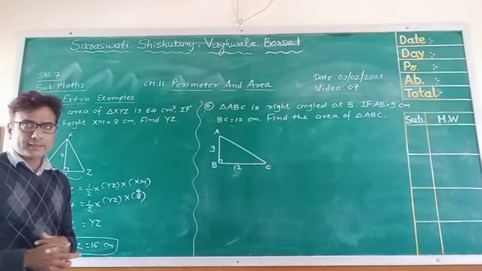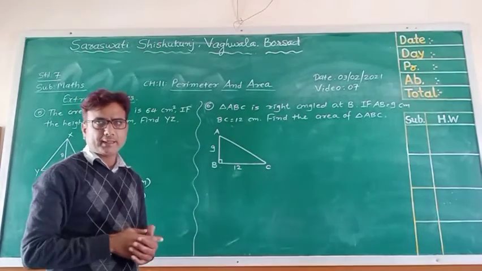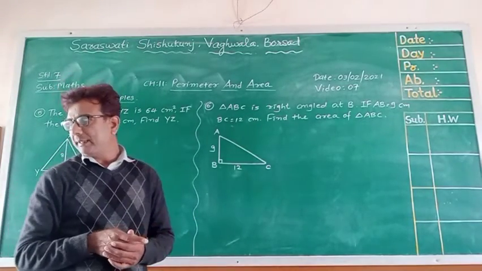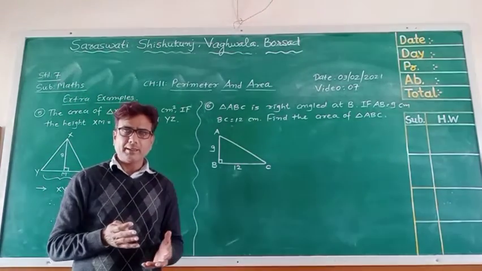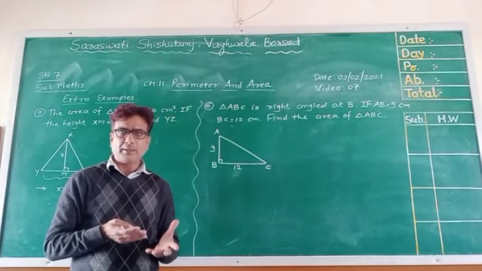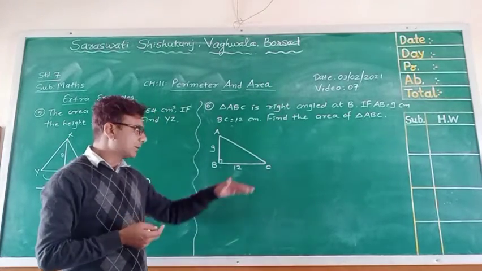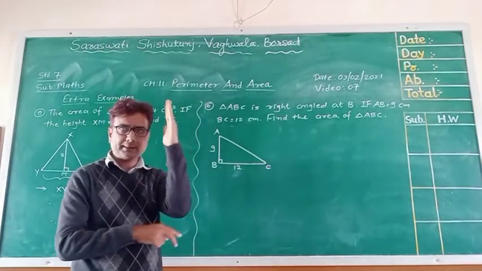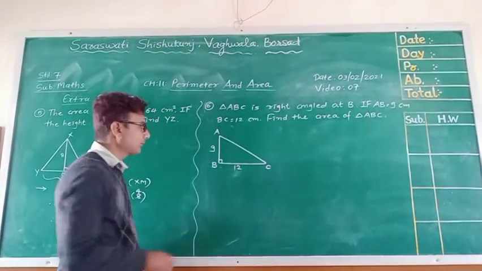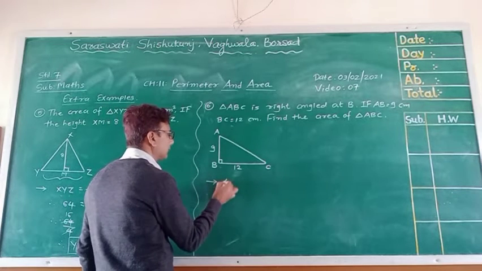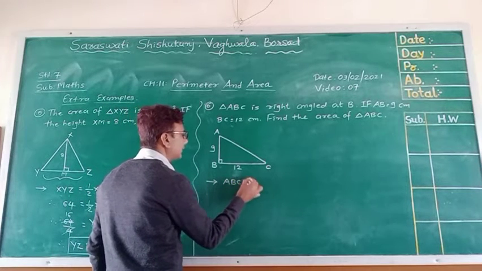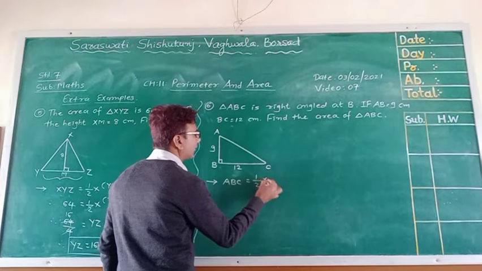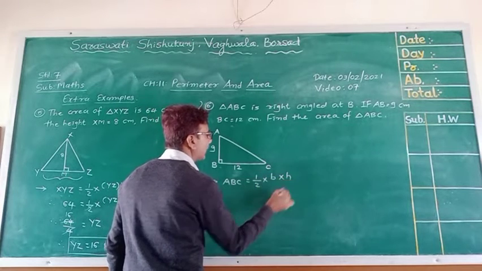So students, in this case we can observe it is a right triangle, and we want to find the area. At that time we have to use the same formula: 1/2 base into altitude. But the base we will take is this base, and this standing line is our height, meaning altitude. So the same formula: area of triangle ABC equals 1/2 base into height.